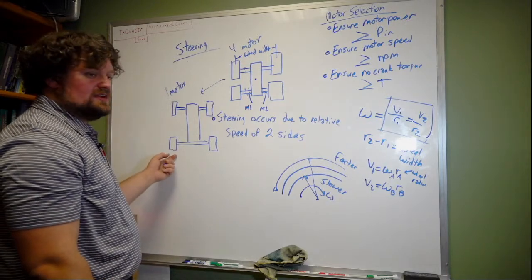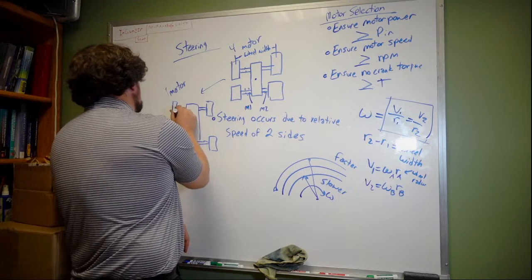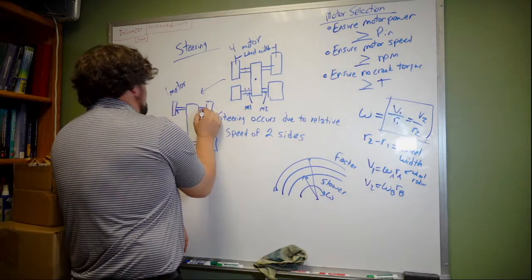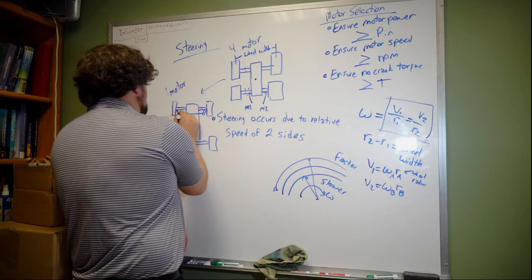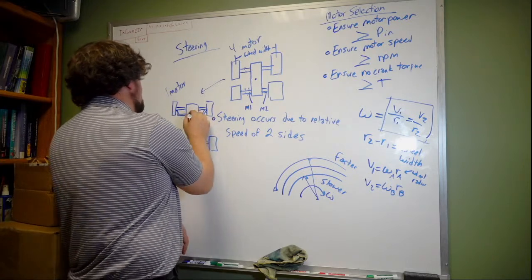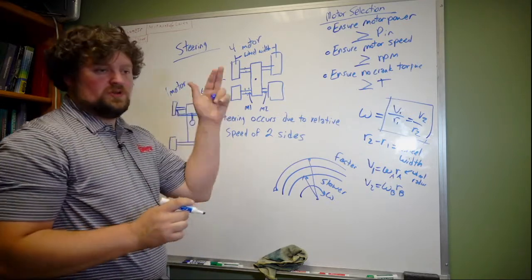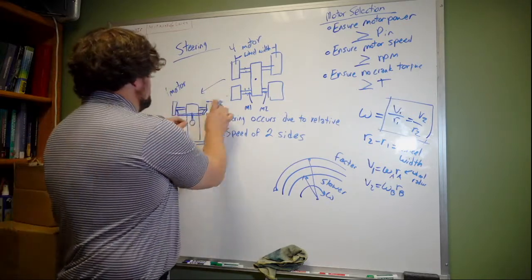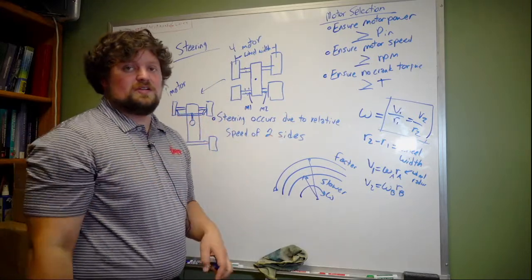You have a solid axle and you're powering this one axle. And then you actually have to have a linkage that comes off here, goes across and connects to both sides. And then you have a servo motor which would turn one way or another, and it would force the wheels then to turn one way or another.